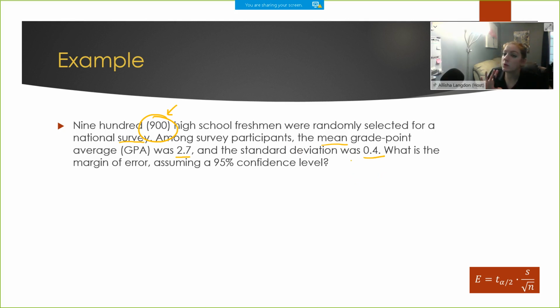So notice here we're working with all sample information. We don't know what the population information is, just for this sample. So we're going to use our sample variables. So sample standard deviation is going to be, anybody know? S? Okay. How about sample mean? That 2.7, that sample mean.